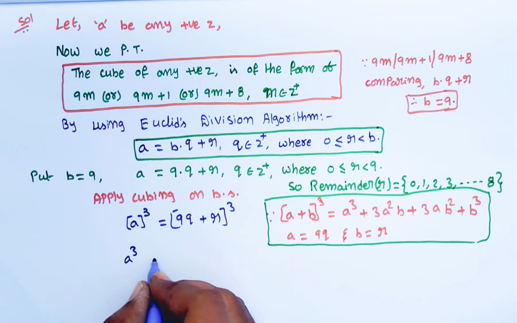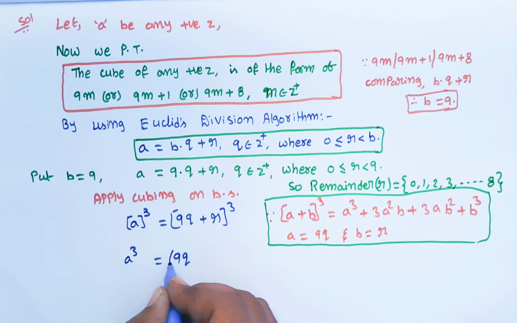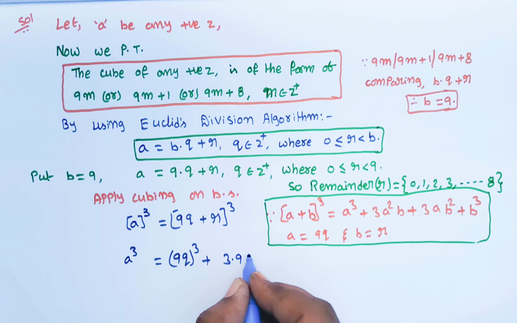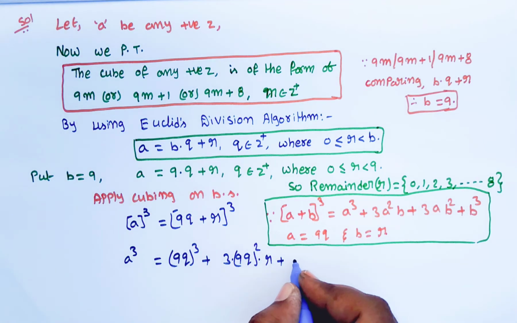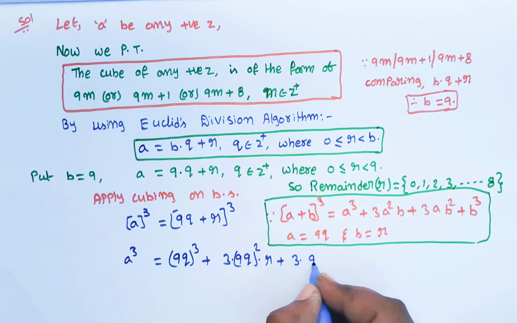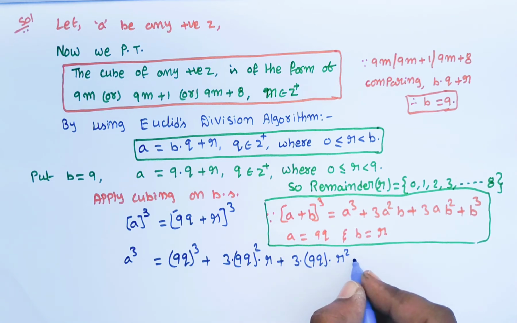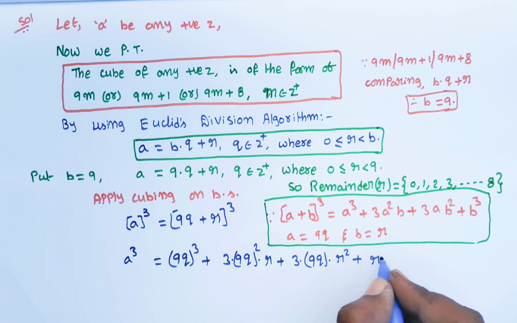So a cube equals 9q whole cube plus 3 into 9q whole square into r plus 3 into 9q into r square plus r cube.